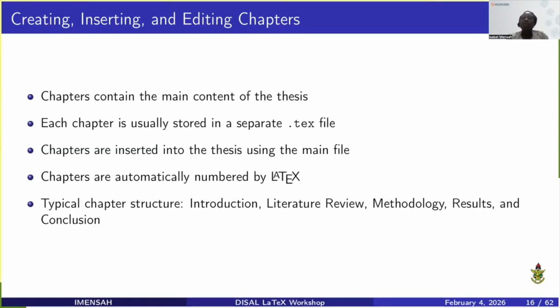Now, when you are able to define each of these chapters and create a file for each, you go back to insert them into your main thesis file, the main.tex file. And with the chapters, you would also have to initiate the numbering.